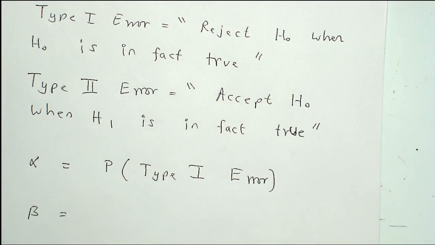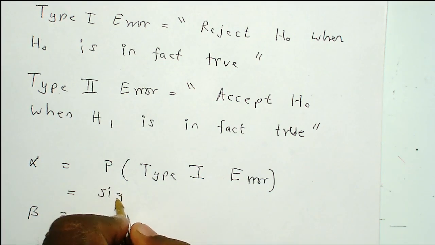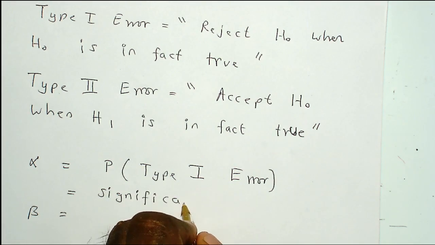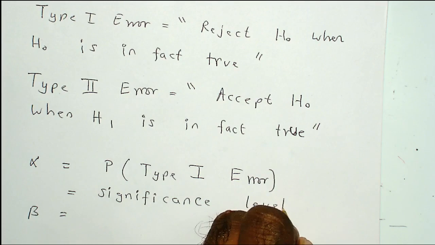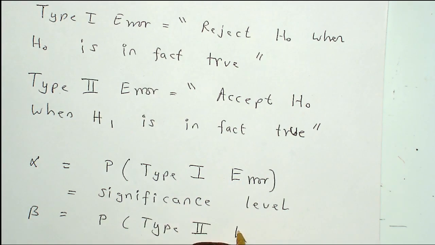Alpha is also known as the significance level, and beta is the probability of type 2 error. Right?